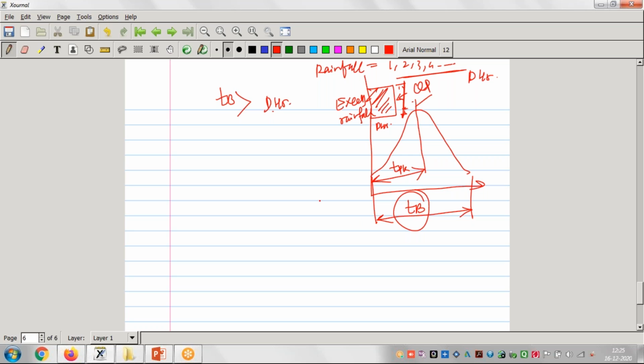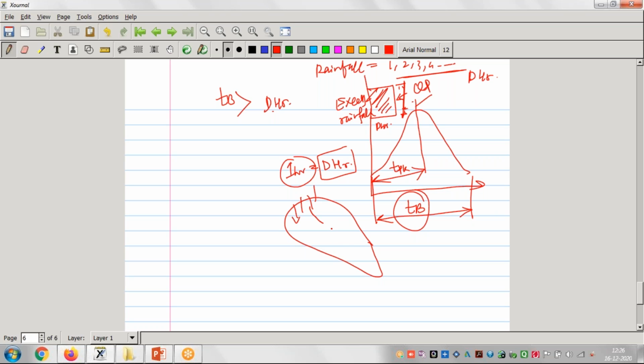D hour means what? Suppose this is our catchment area and the rainfall occurred here, say for 1 hour. So this 1 hour is our D hour, right? D hour means up to what duration our rainfall occurred.